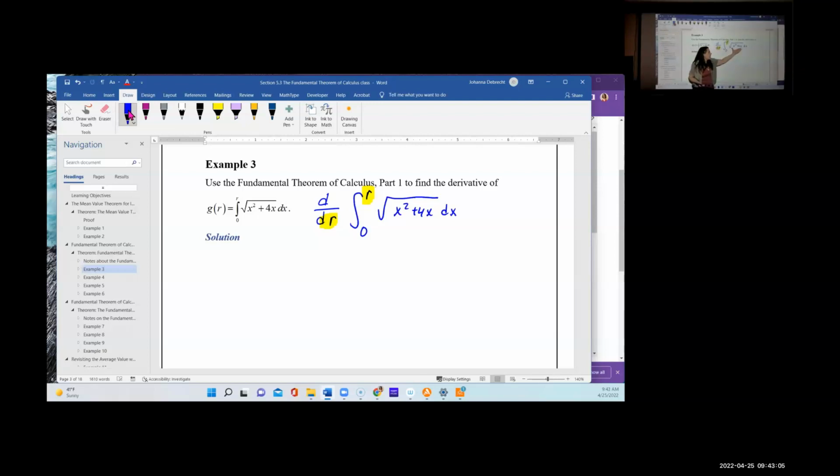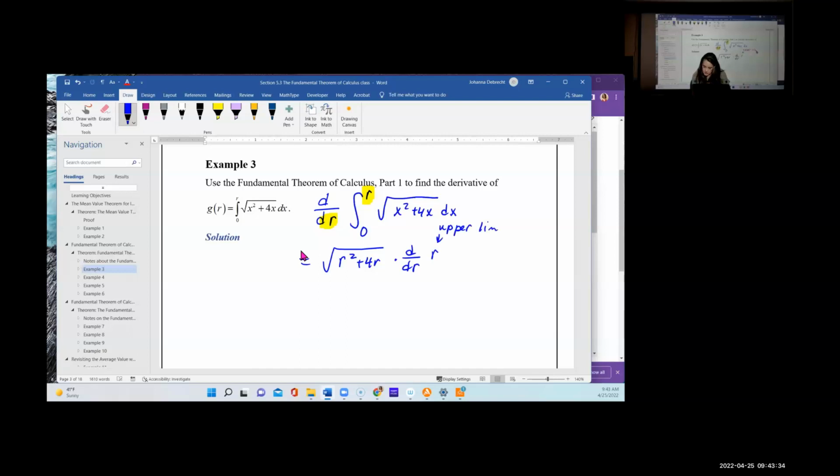Now, when I have the radical, I have to plug in the limits of integration. But if I plug in the 0, I get a constant, and the derivative of a constant is 0, so that only the upper limit of integration remains. So this becomes quite simply the square root of r squared plus 4r times the derivative with respect to r of the upper limit of integration.